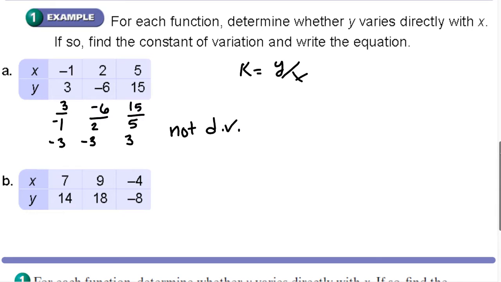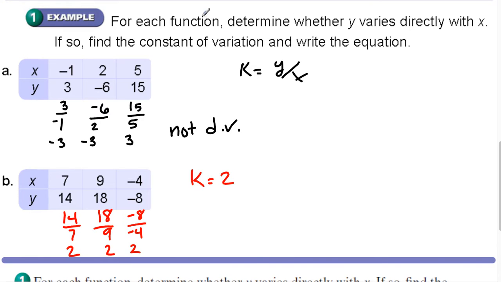Okay, looking at part B, we have 14 over 7. We have 18 over 9. And we have negative 8 over negative 4. So this gives us 2, this gives us 2, and this gives us 2. Those are all the same, so your constant of variation is 2.